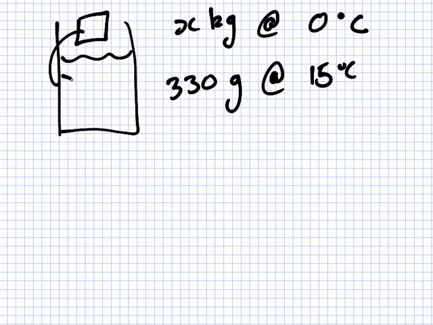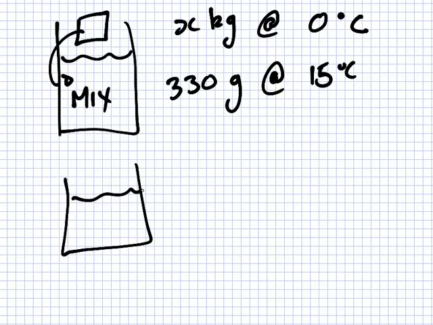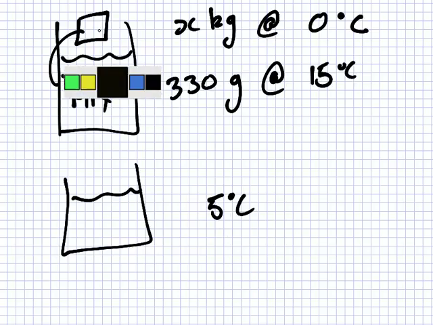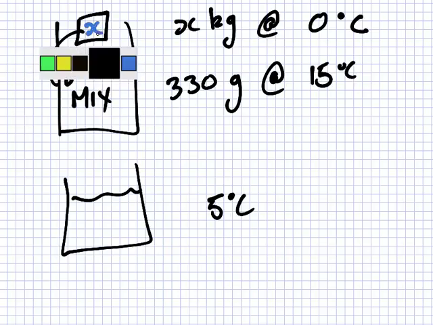And you put this in and you mix it until you're left with 5 Celsius at the end. And my question is, what's the X here? How much ice did you need to add to the water to do this?